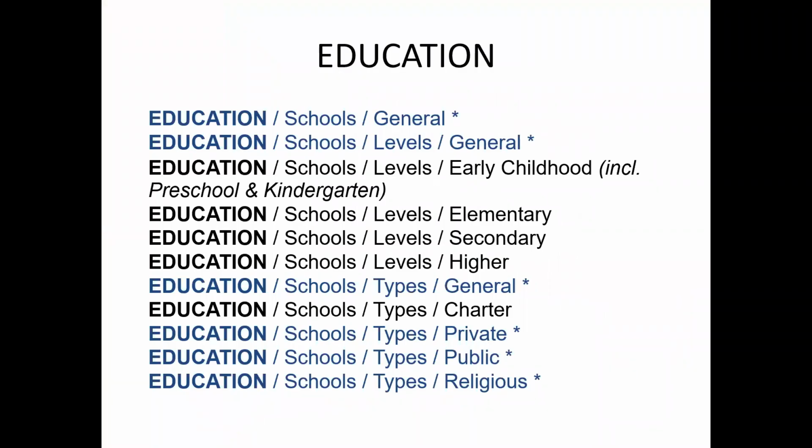The blue are what we added, and the black are headings which had a literal change or were moved into this section. Because we created a new tree for levels, we always have to start with a general. So education schools levels general was a new heading, in addition to education schools types general.